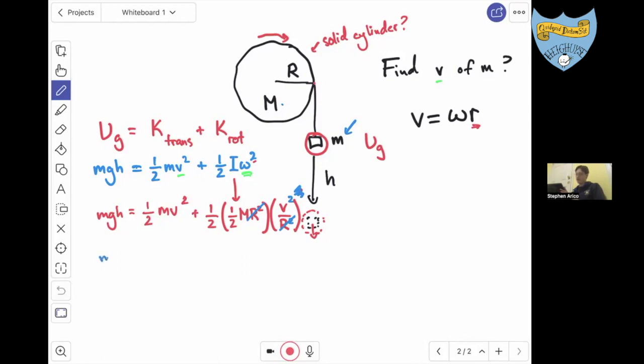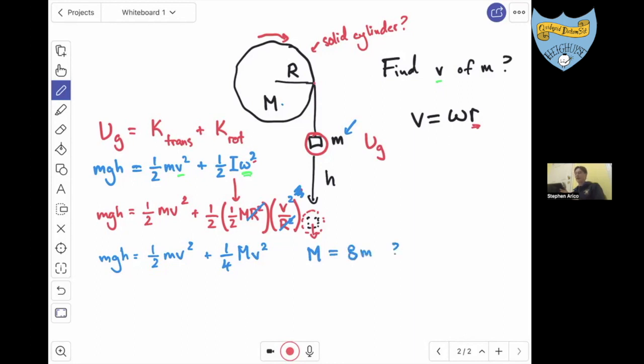So now we just have mgh equals 1/2 mv squared plus 1/4 big M v squared. All right, from here, you could probably see your way to solving for v, right? Combining like terms and factoring or whatever is necessary for the question. A lot of the time, they'll say, by the way, big M, the pulley, is equal to 8 little m or something like that.